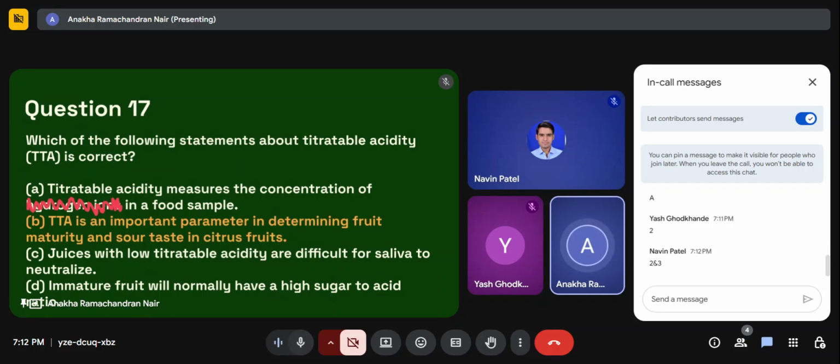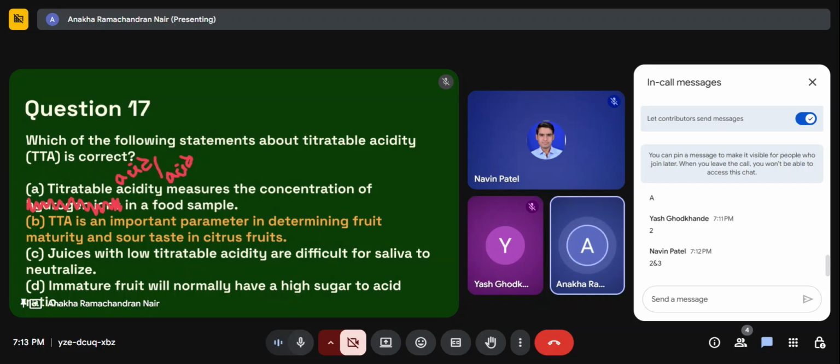Titratable acidity measures the amount of acid or acids present, and this can be acidic salts, etc., which are not forming hydrogen ions as such, right? In a food sample, it doesn't necessarily need to be the concentration of hydrogen ions. So this is not correct.